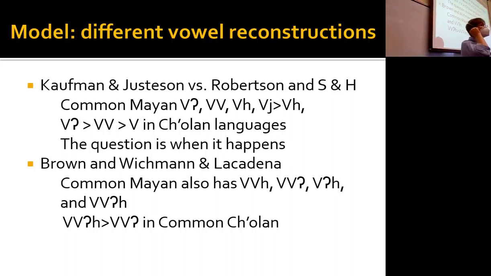But different linguists reconstruct earlier stages of the Mayan language differently. There's a group that says early Mayan, common Mayan, had glottalized and long vowels, and then vowels with soft h in them, which then all collapsed into short. And then there's an alternative reconstruction that argues for long vowels with h, long vowels with glottal stop, and vowels with glottal stop and h.